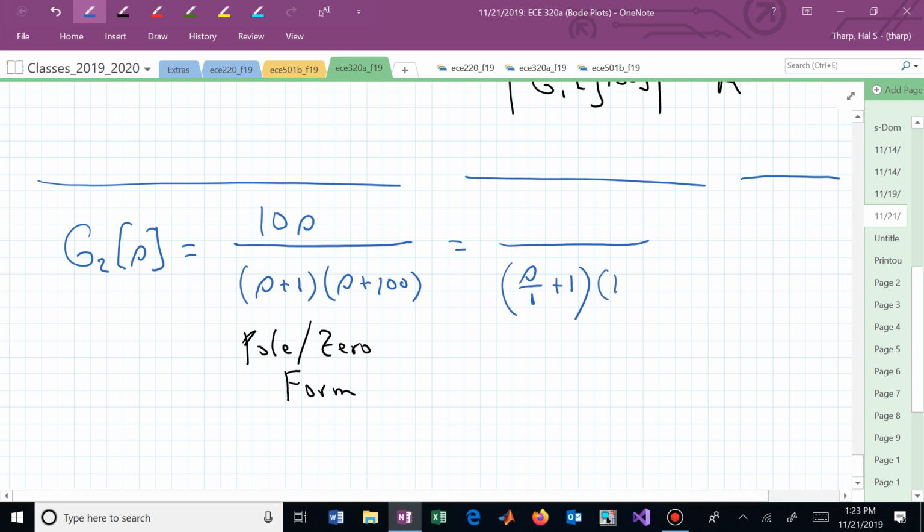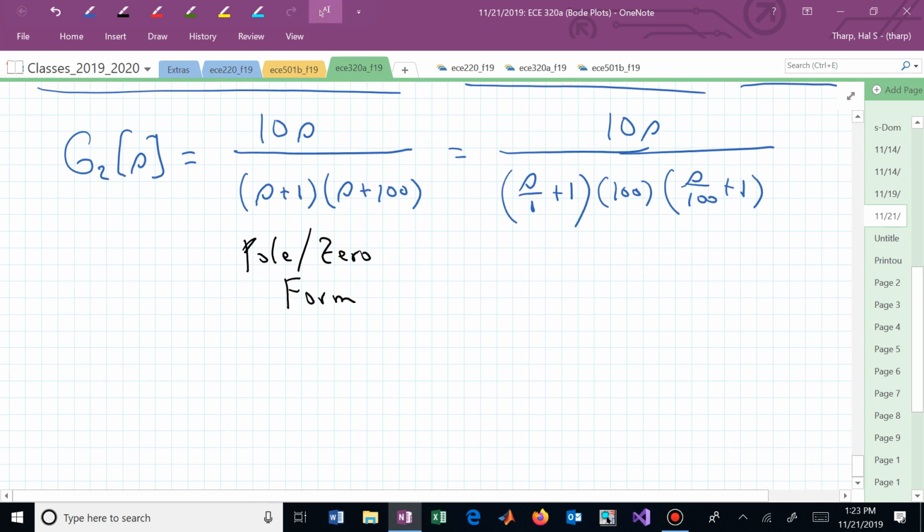The other one, and I now have 10s. And I'm sketching this on the imaginary axis. I now have 10 divided by 100 for my gain term, or 0.1.